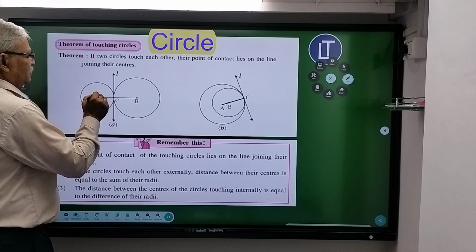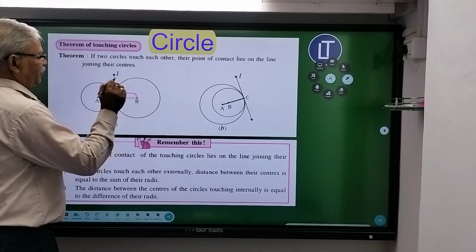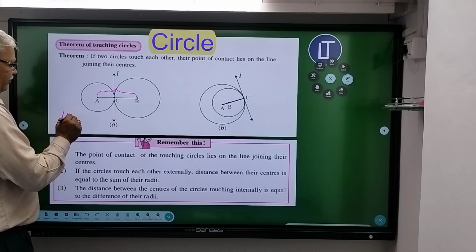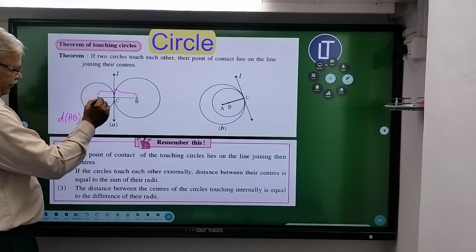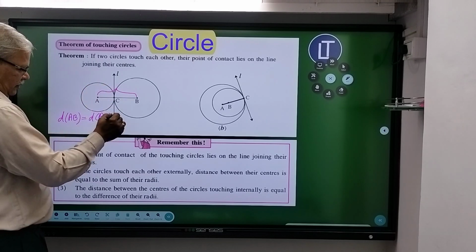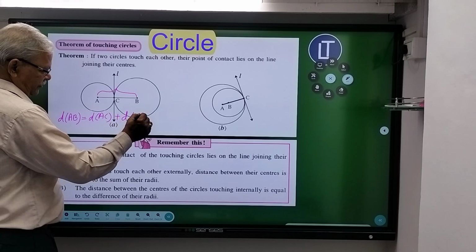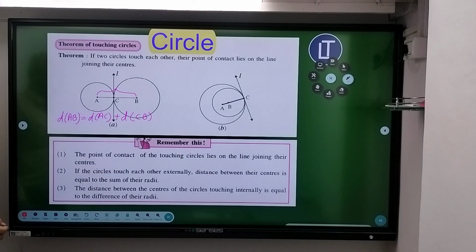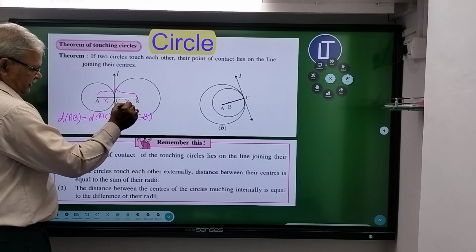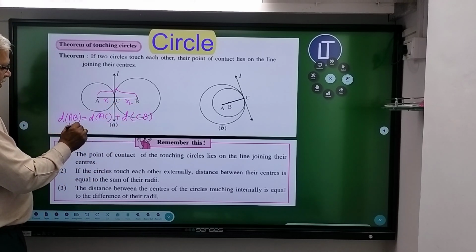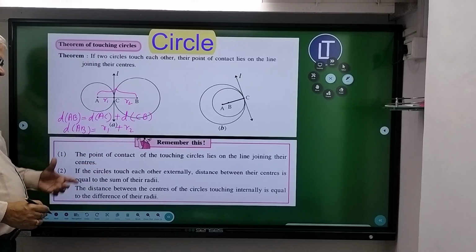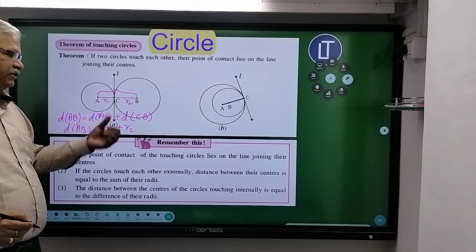Here this distance AB is equal to the sum of the radii of these two circles, AC plus the radius of the other circle. If we suppose one radius is R1 and the other is R2, then distance AB will be equal to R1 plus R2, the sum of the radii of these two circles.